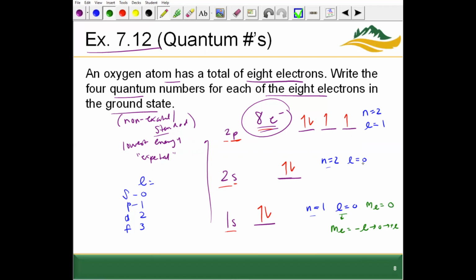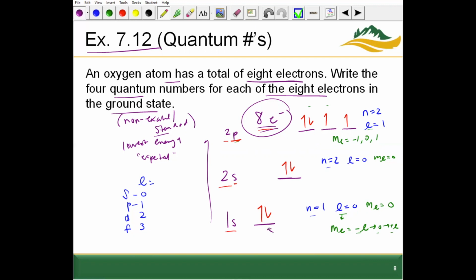For l equal to 0 again, the possible m sub l value is again 0. Here for 2p, l is equal to 1. For m sub l then, there need to be 3 possible m sub l values to match the 3 orbitals of p. So this can be -1, 0, and 1, minus l, 0, through plus l.